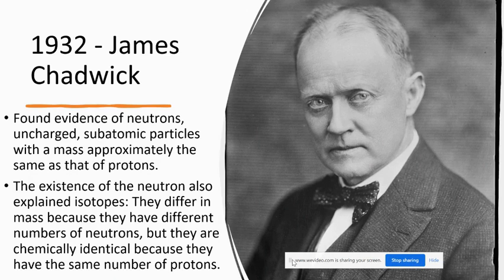But just realize that with isotopes, you end up having the same number of protons, but your neutrons vary. So his discovery, when he was able to explain these isotopes, his discovery of the neutron was critical to that. So at this point, we have been able to identify all three types of subatomic particles: the proton, the electron, and now finally the neutron.